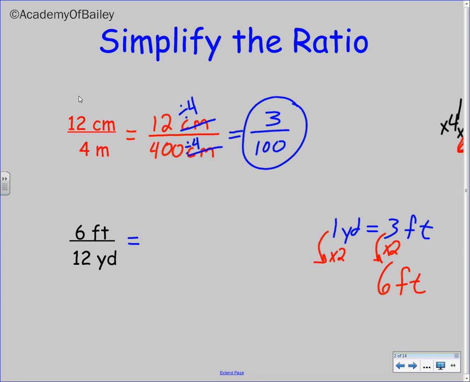So when we multiply 1 by 2, two yards. 6 feet is equal to 2 yards.